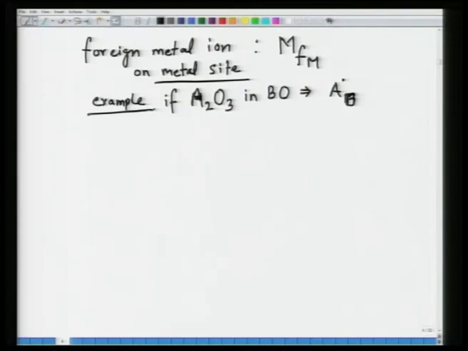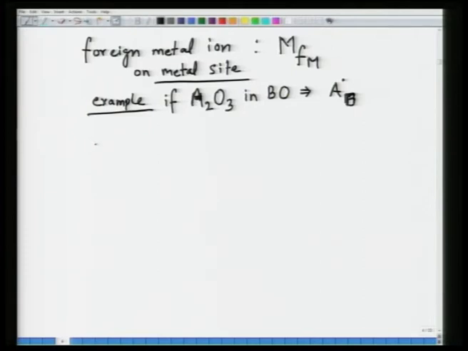And vice versa, if you have A2O in BO, then it would carry 1 negative charge. So, the number of dashes or dots will depend upon the type of substitutional atom. This is a foreign metal on a regular metal site.